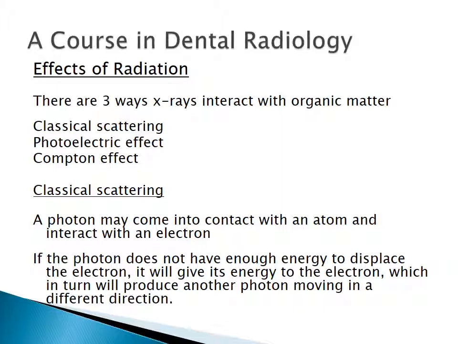But they're going to come in contact with the actual atoms of the human body. So that photon's going to come in and hit the atom. It's not going to have enough energy to displace the atom, but basically it's going to, what we call, tickle the atom. When it does that, it's going to release a second photon from that atom, and that's going to continue off in a different direction.